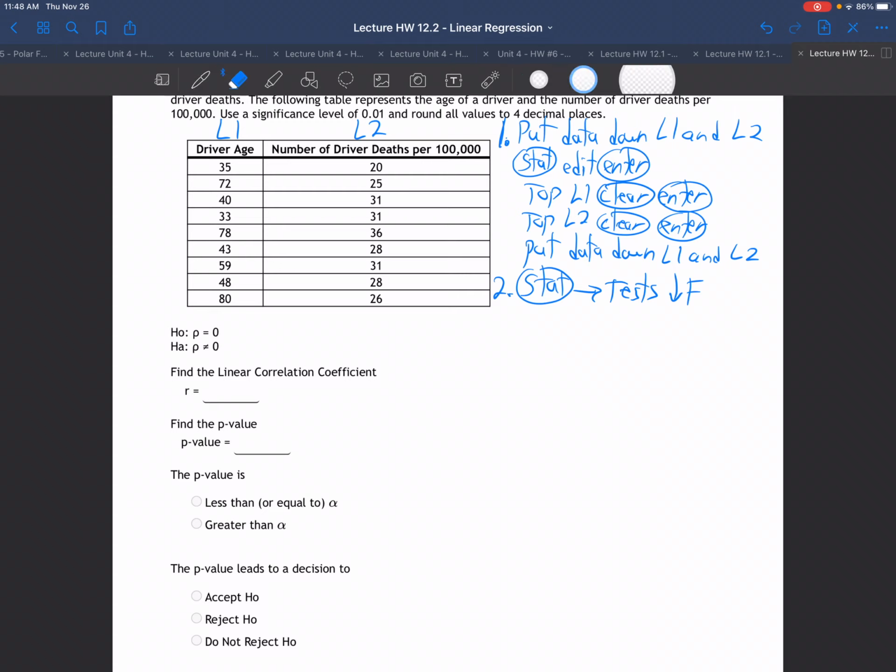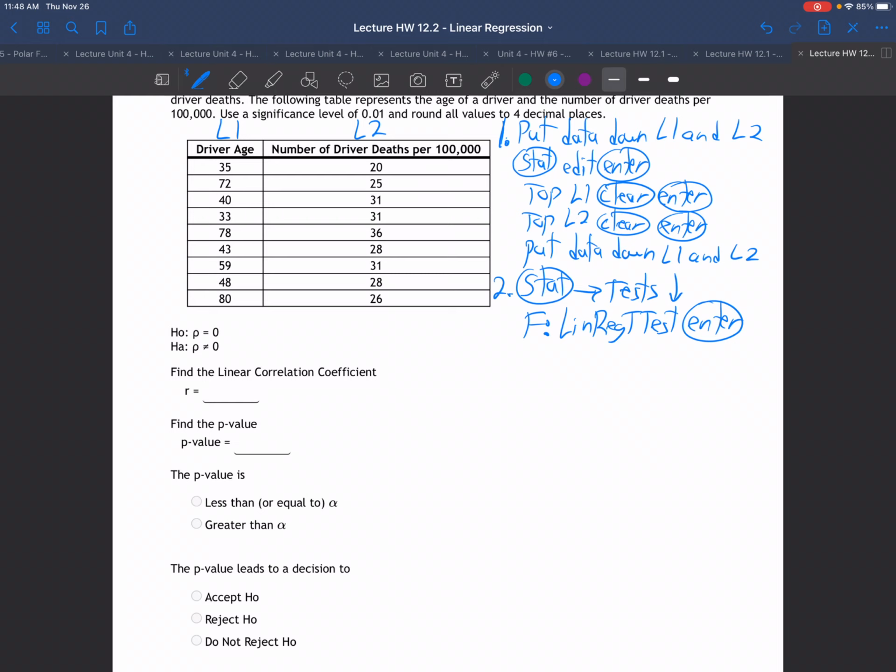On my calculator it's F, the linear regression t-test, and hit Enter. So that's the test we want.